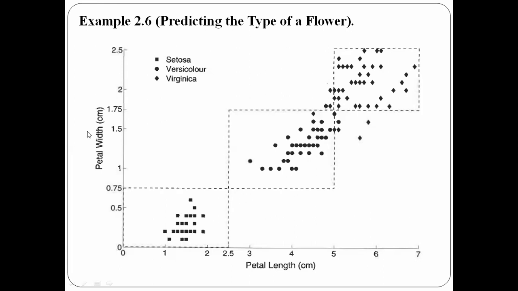So if the petal width and the petal length are medium, then that species will be considered as versicolor. And if the petal length and the petal width are high, where petal length is 5 to 7 and petal width is 1.7 to 2.5, again it is high. So high means it stands for virginica. This is one example where we are predicting the species of a flower based on the given data set.